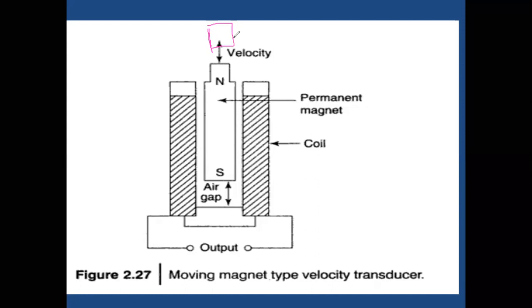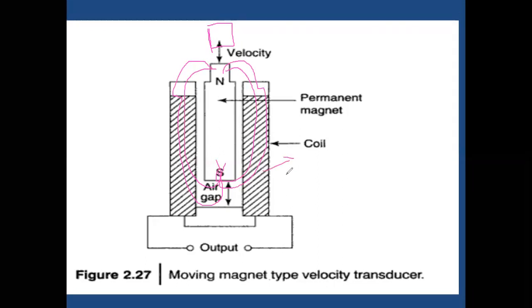In the case of the magnet type, the poles are like this, and the magnetic waves are like this. Whenever the shaft is rotating with a certain velocity, this flux is cut by this coil.